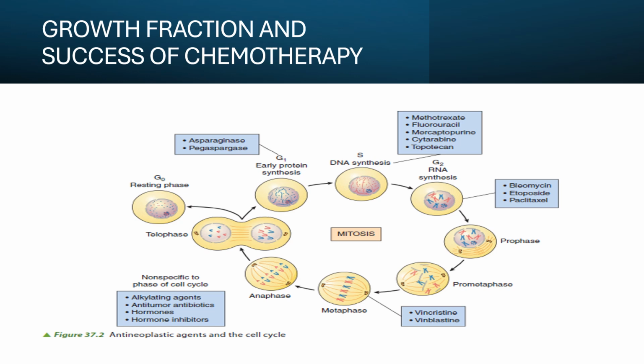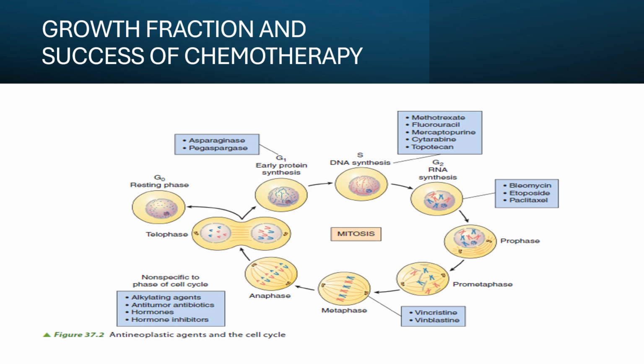The actions of many of the anti-neoplastic drugs are specific to certain phases of the cell cycle, whereas others are mostly independent of the cell cycle. For example, mitotic inhibitors such as vincristine, Oncovin, affect the M phase, which includes prophase, metaphase, anaphase, and telophase.